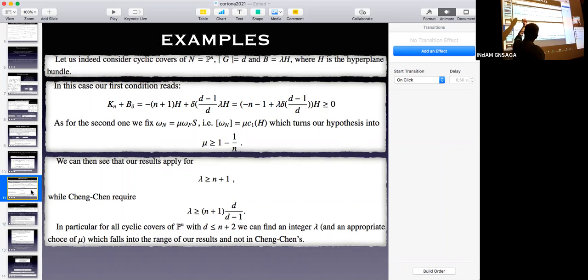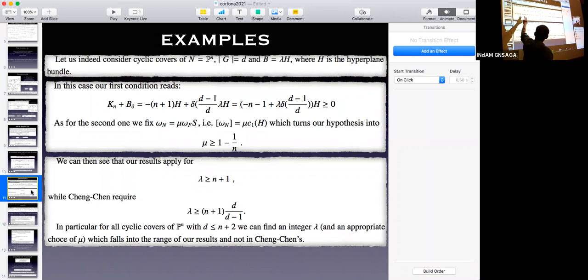So just by looking at the projective space, I do the numerology for conditions 1 and 2. And basically what I get is that for the second condition, I just get a lower bound on the Kähler classes. Notice that, of course, every Kähler class on projective space has a constant scalar curvature metric, by scaling. So that's just an empty bound.